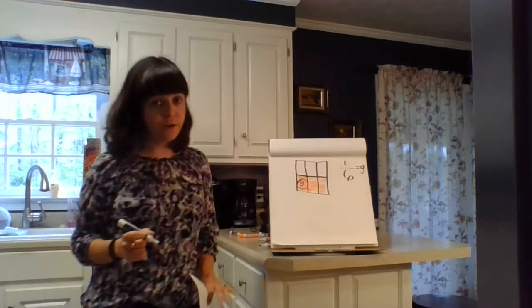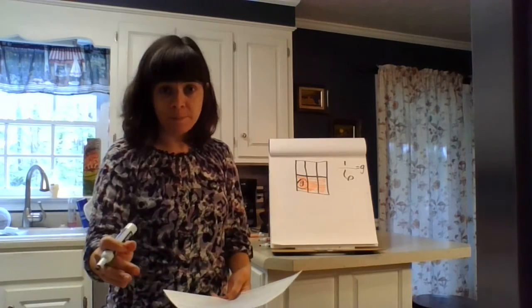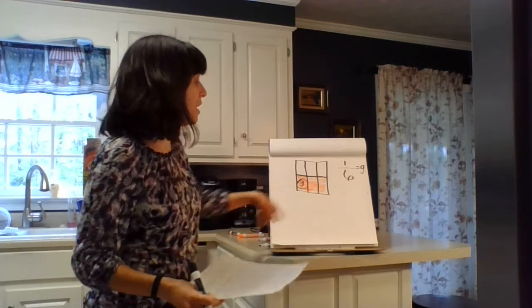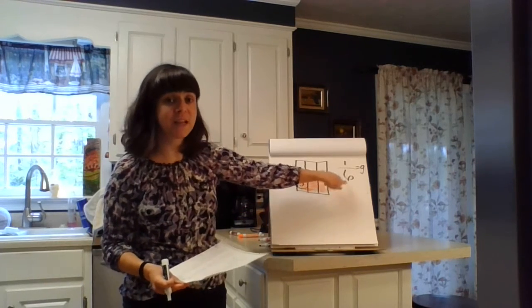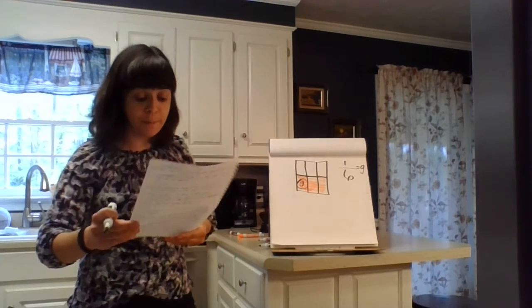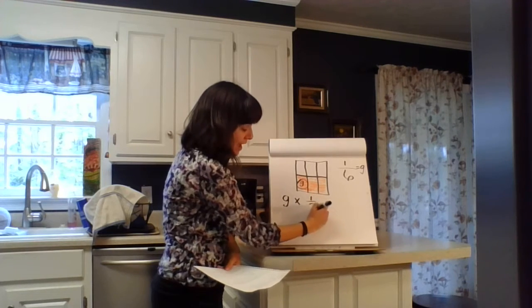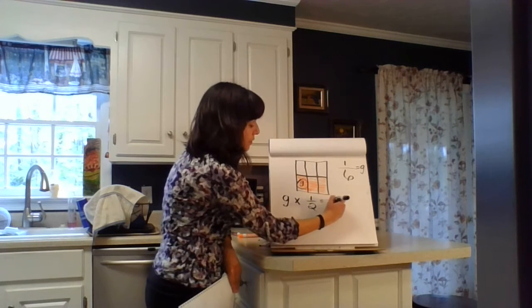So one way you can solve this problem is you can go through A, B, C, and D, and everywhere there's a G, you could plug in 1/6 to see if it equals what it says it does. For example, A says G times 1/2 equals 3.